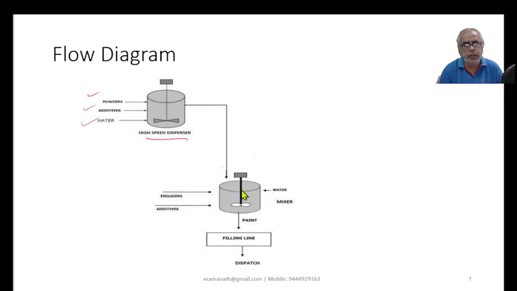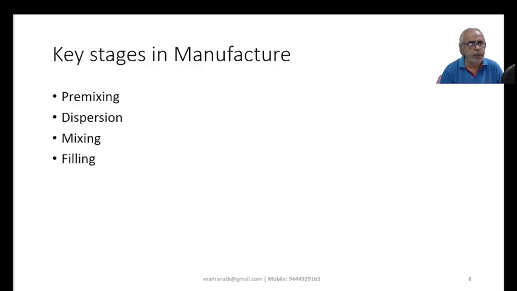After that, the viscosity is adjusted by transferring this into a making up tank, and after tinting it is ready for filling. Then the key stages of manufacture: pre-mixing, dispersion, mixing and filling.